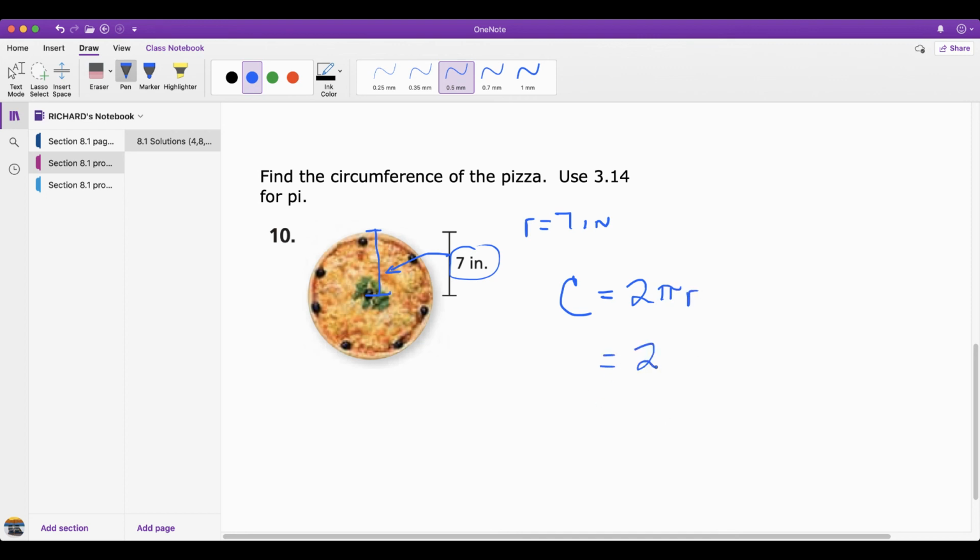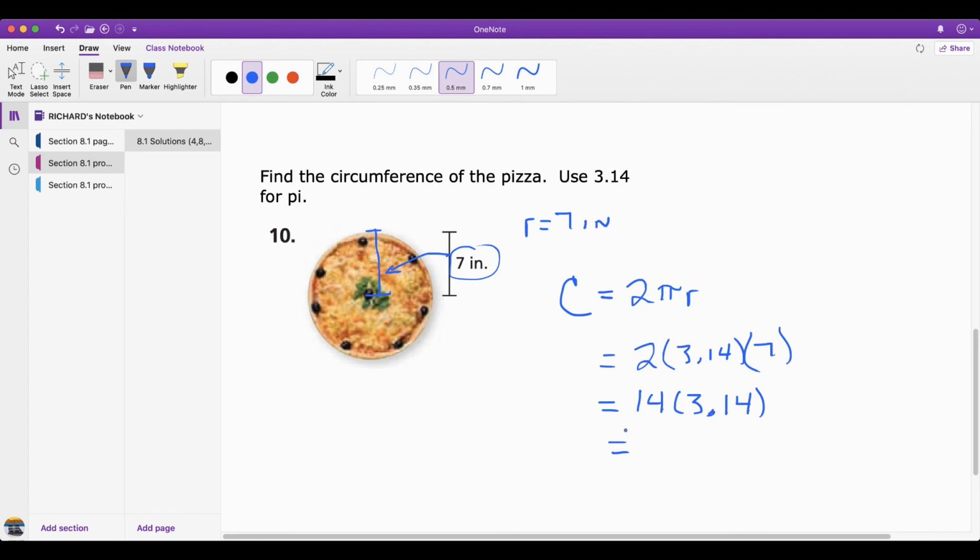So 2 times 3.14 times the radius, which is 7. Okay. 2 times 7 is 14 times 3.14.